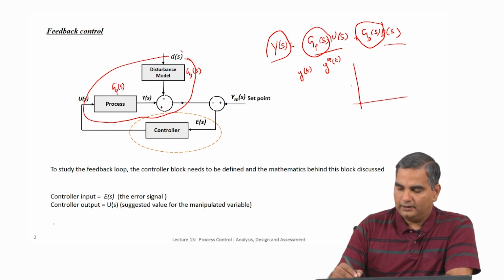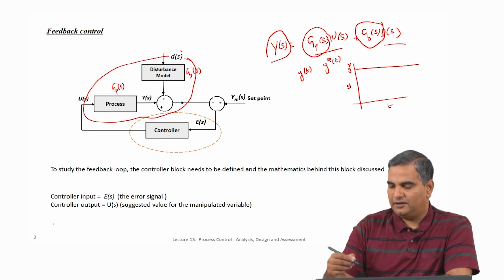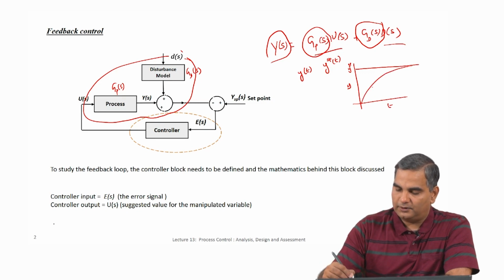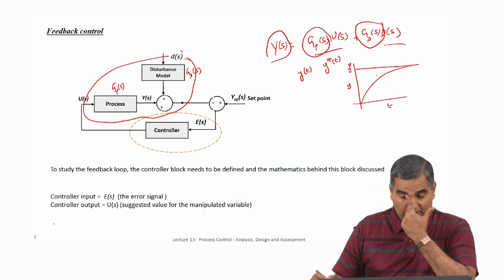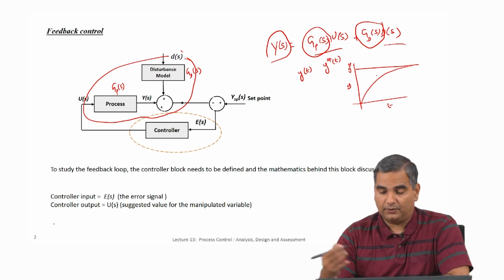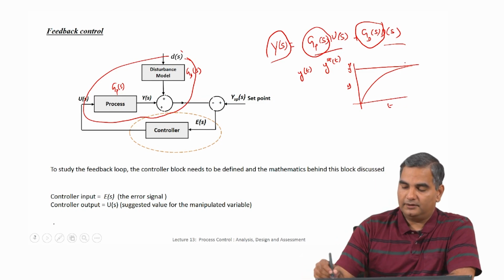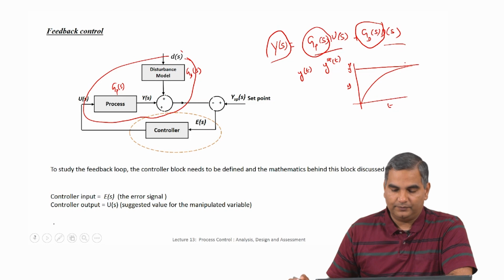Normally, if I have y like this as a function of time, set point might be a constant value. So, this might be the value of y set point, but in some cases you might say I want to start this process off slowly and then take it to this place. So, this could also be the profile for y set point. To generalize this, I made this y set point, a function of time, but in most cases y set point will be like a flat line or a constant value.